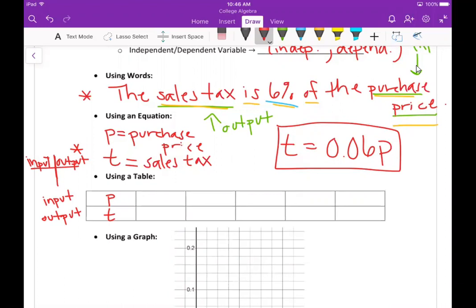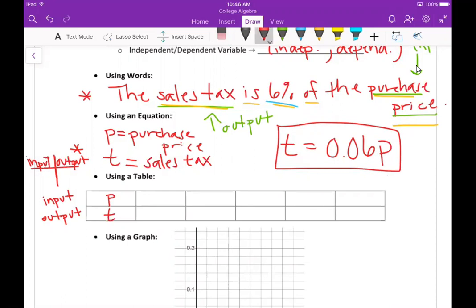Now, what we want to fill in here for the rest of the table is our values that are true for this relationship. Since we have an equation, we can come up with some of those values. So I'm going to pick some values. Remember, finding solutions to equations. I'm going to pick some values for P and then solve for T in order to get a table of values. So you can pick any value for P that makes sense.